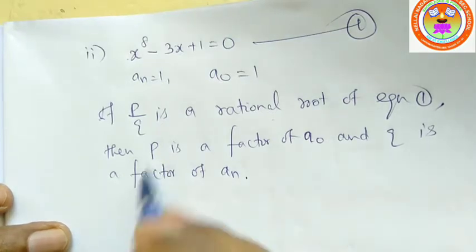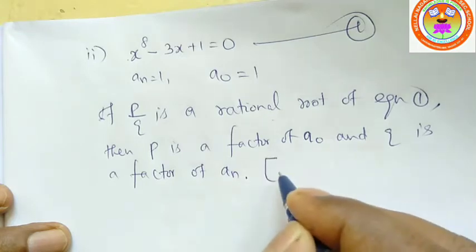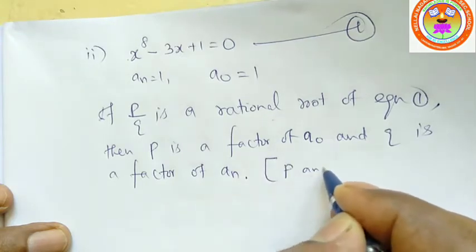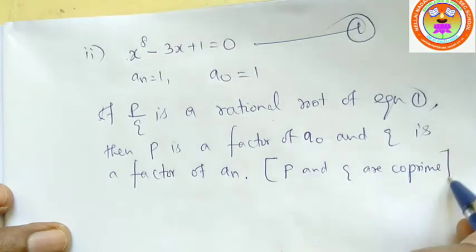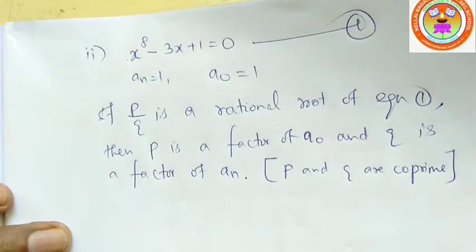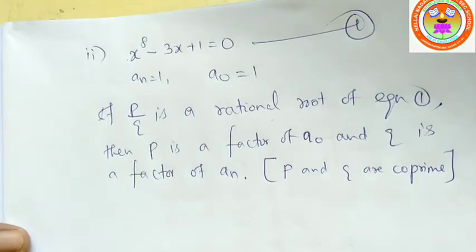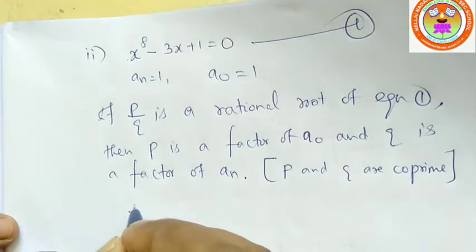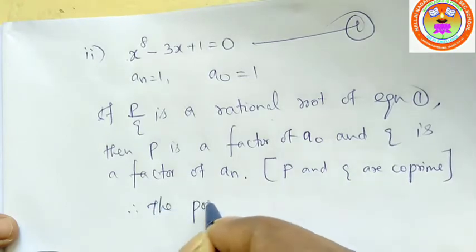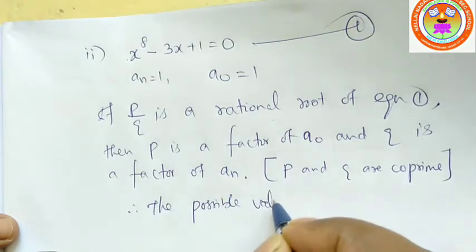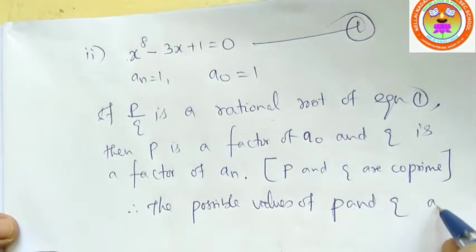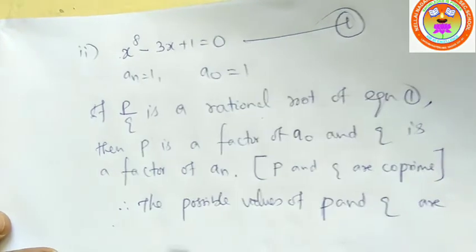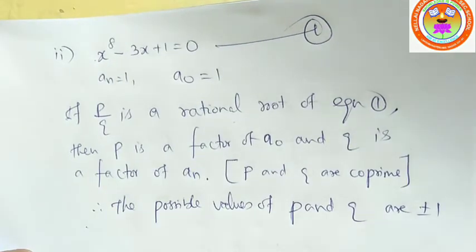Here, P and Q are co-prime. Co-prime means P and Q have no common factors. Here, the possible values of P and Q are plus or minus 1, right?